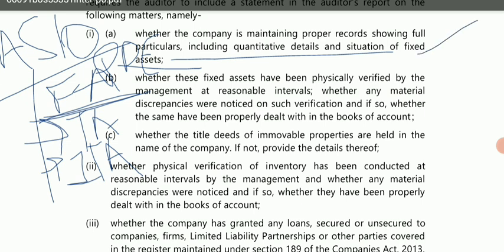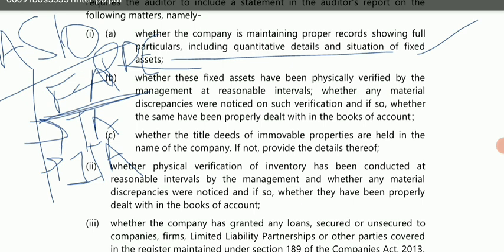Now the second point with regards to fixed assets is whether these fixed assets have been physically verified by the management at reasonable intervals, and whether any material discrepancies were noticed on such verification, and if so, whether the same have been properly dealt with in the books of accounts.